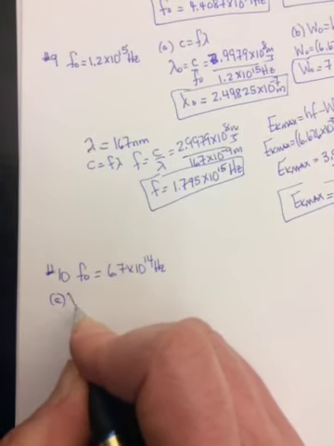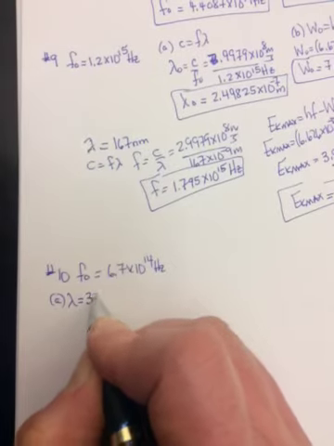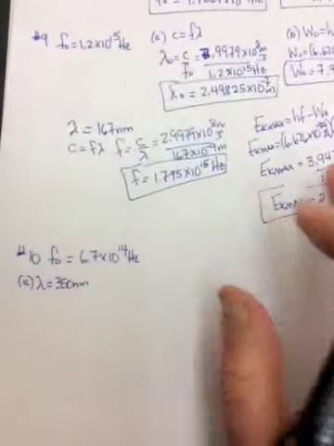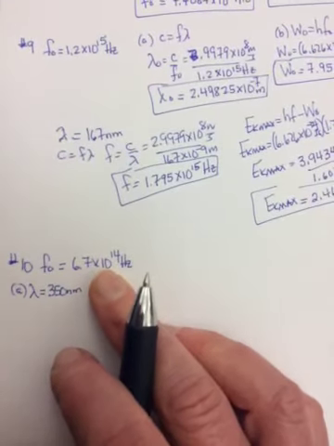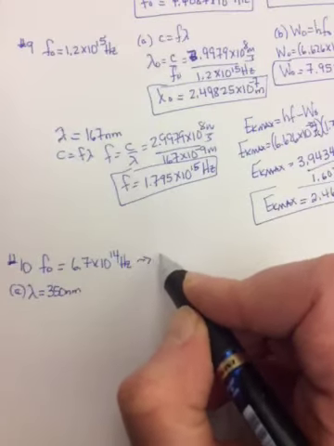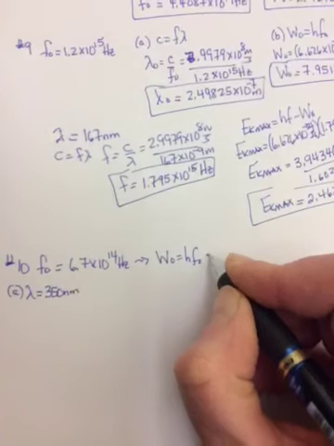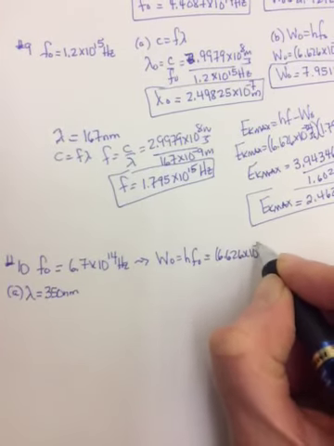So part A, lambda is equal to 350 nanometers. Now really this question is almost the same as the above one, it just didn't give it to you in steps. So the first step, you can find your WO, and it's equal to HFO, and we're going to run out of time, 6.626, so I will continue this on the next video.